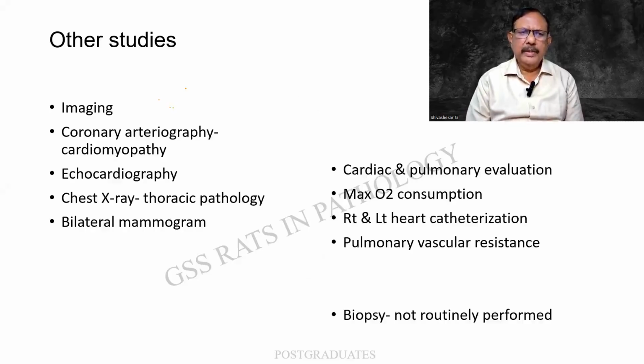Under that, you have got the arteriography, echocardiography, the chest X-ray, thoracic pathology, and bilateral mammogram also are included. Also, there is a cardiac and pulmonary evaluation for which the oxygen consumption, followed by the right and left heart catheterization and also monitoring the vascular resistance.